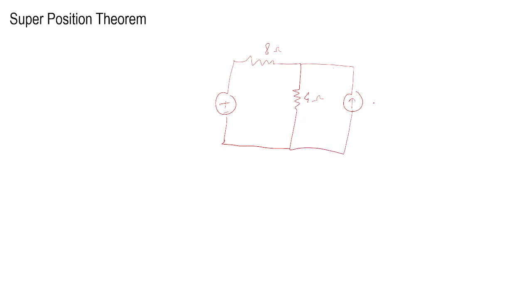This current source is having 3 ampere. This is 8 ohm, and this voltage source is having 6 volt. So with the help of superposition theorem, we need to find the voltage across this 4 ohm.